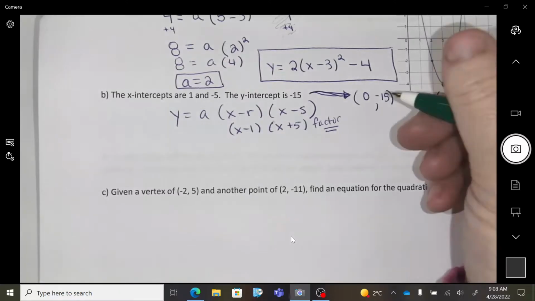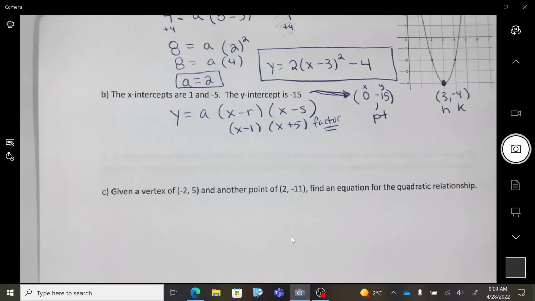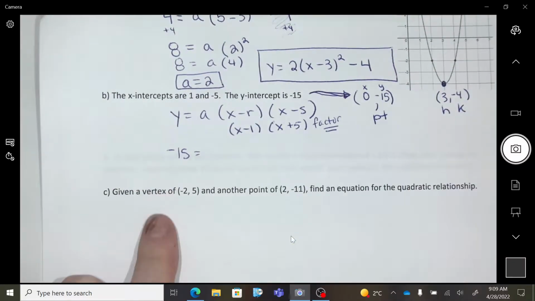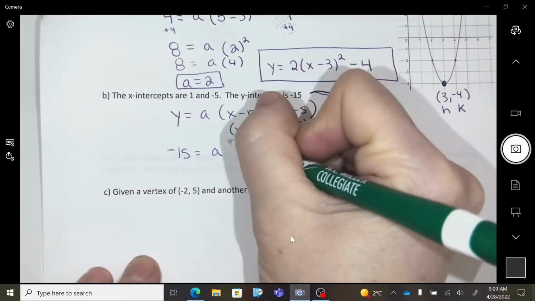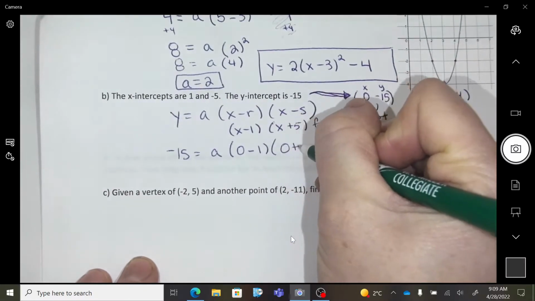Okay, so this is a point, which means I can replace the x and the y, and then I'm going to figure out a. Same kind of idea, just the different format. Okay, so I'm going to replace y with -15. A times (0 minus 1)(0 plus 5).